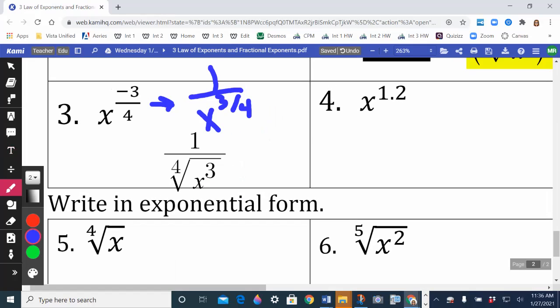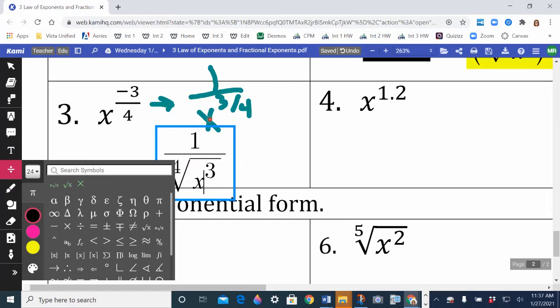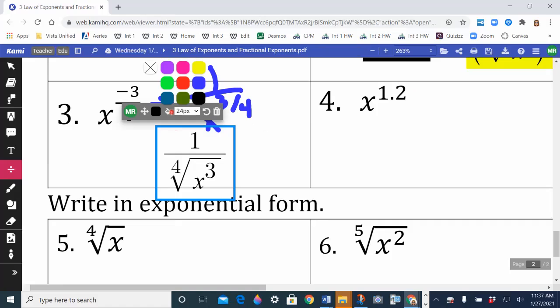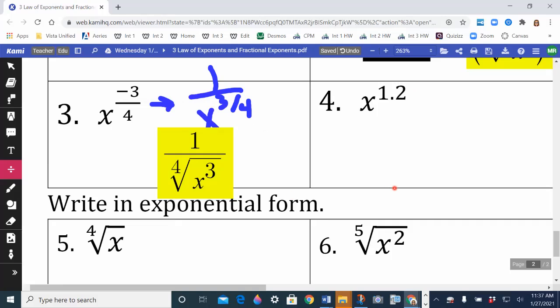And here, let me just fill this in. Sorry. Let me get the fill. One more time. And I can move this.